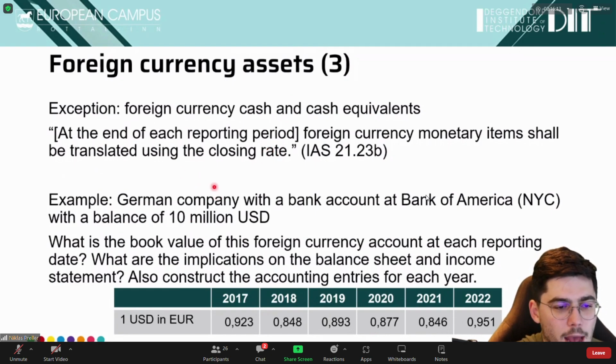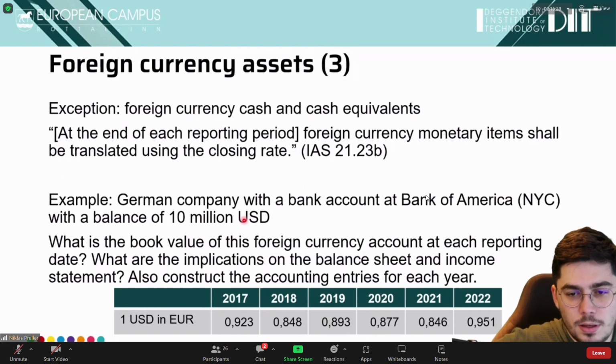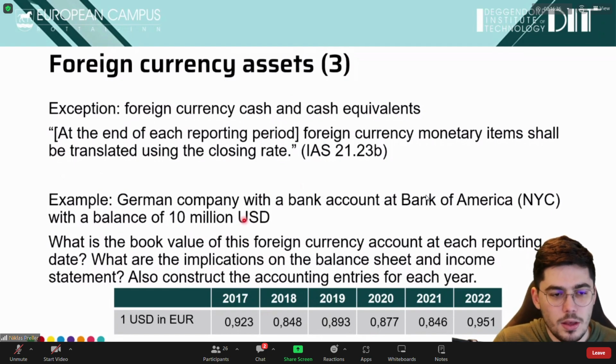Because when you have, as an example, the same German company that has a bank account at the Bank of America in New York City with a balance of 10 million US dollars. And that is just liquid US dollars that you have in your bank account over there that you can use. You bought that at one point in time. Yes.